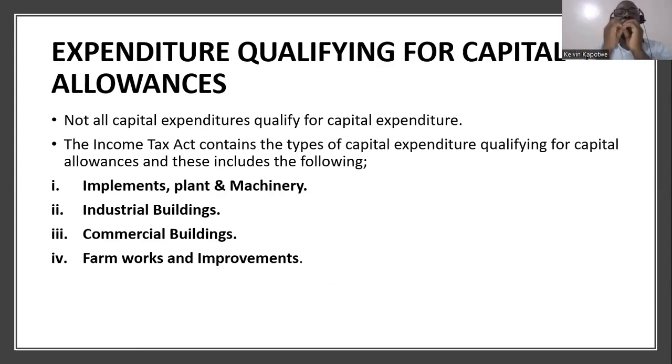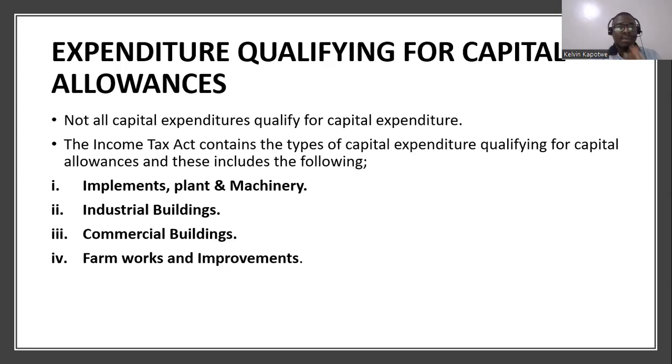What we are saying here is that not every capital expenditure will qualify for this allowance, but the Income Tax Act does give us guidance on the types of assets or expenditures that would qualify for capital allowances.